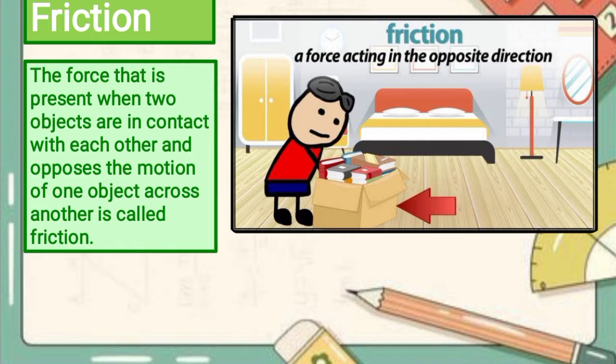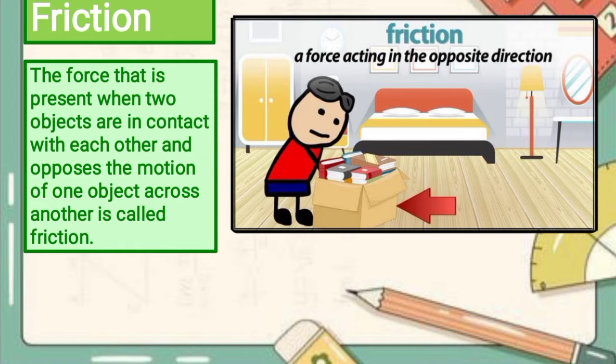So, friction is a force exerted when two surfaces are in contact with each other. Friction acts on all the moving objects, but the direction of the force of friction is always opposite to the direction of movement of the object.